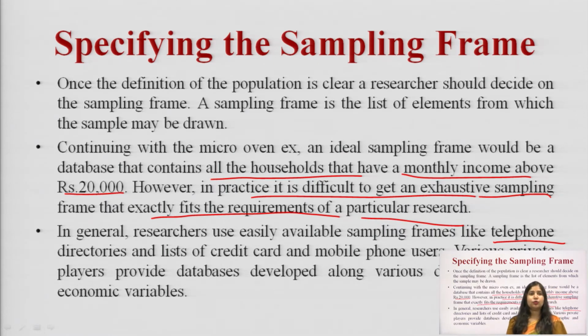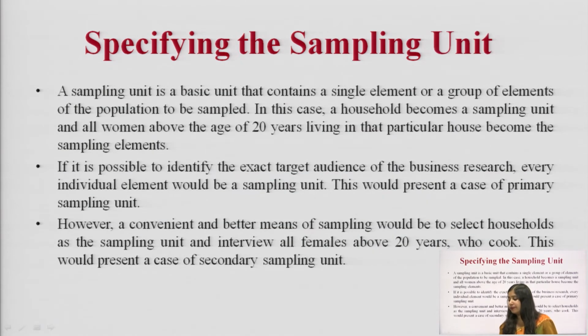Then we should know that in areas where electricity is a problem, that place will not be an ideal population for you. So you can make certain criteria, and on these criteria you should make your sampling frame.